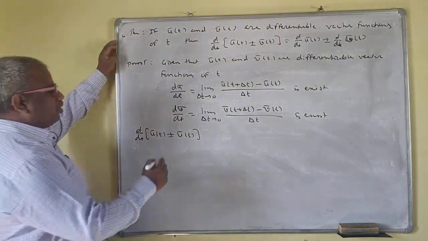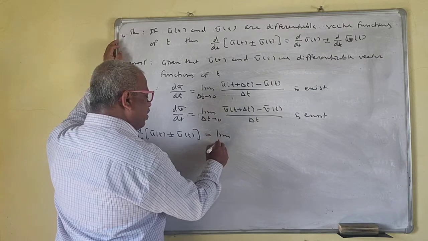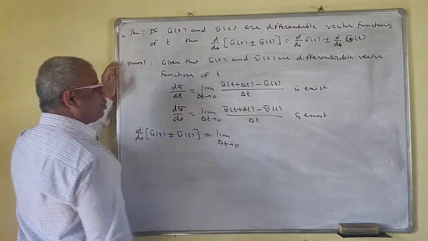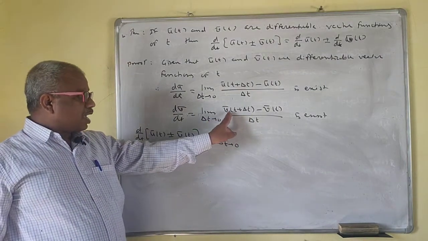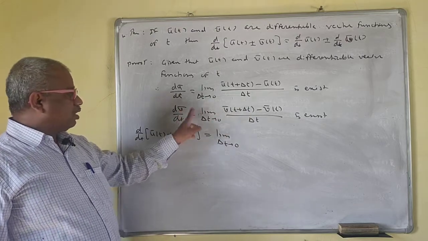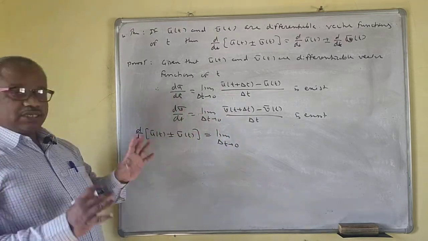We apply the definition now: limit delta t tends to 0. Whatever the function may be, you have to write t as t plus delta t.